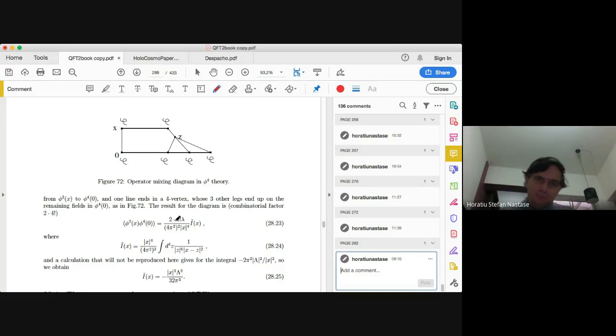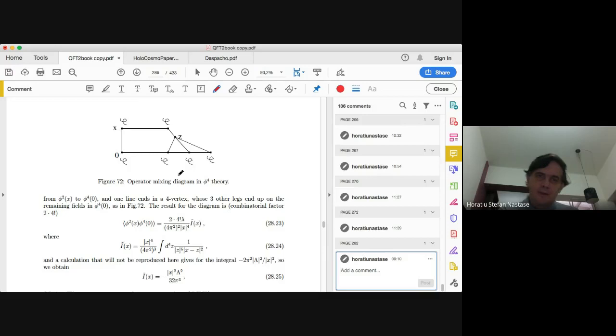But anyway, so I have 2 times 4 factorial times lambda, and then this propagator from 0 to x. So 1 over 4 pi squared x to the 4. Then the propagator from x to z.